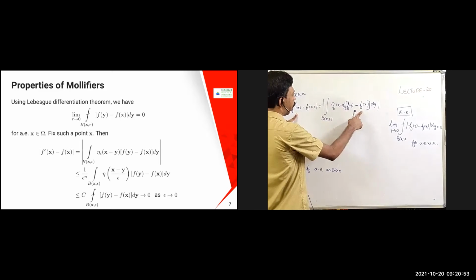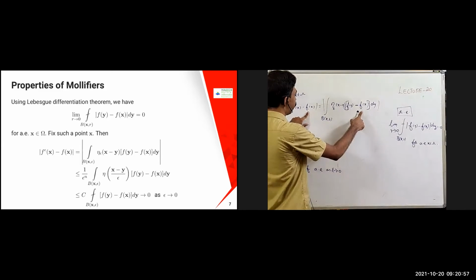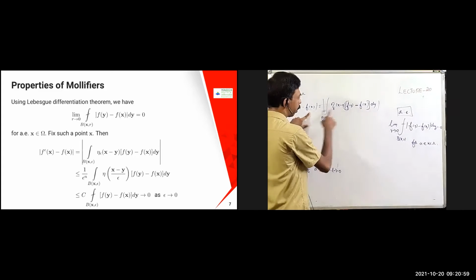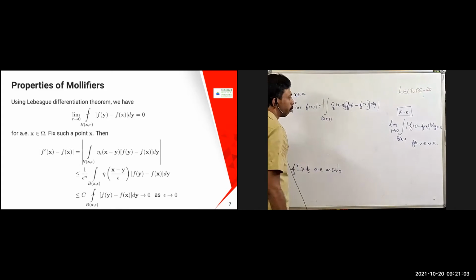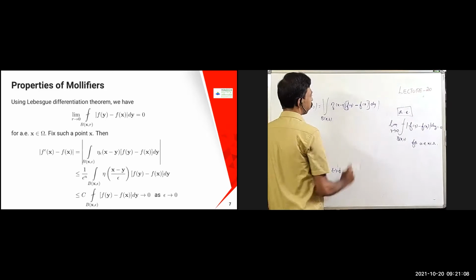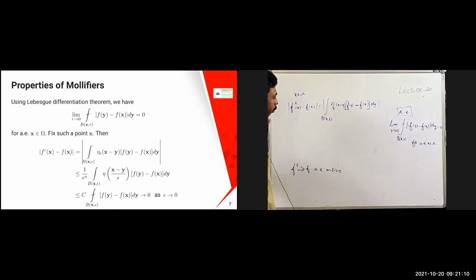Now how come this is true? Why is it true? For f of x, I don't have any definition like this, right? Eta of epsilon x minus y I'm multiplying. Why is this true? Anyone?